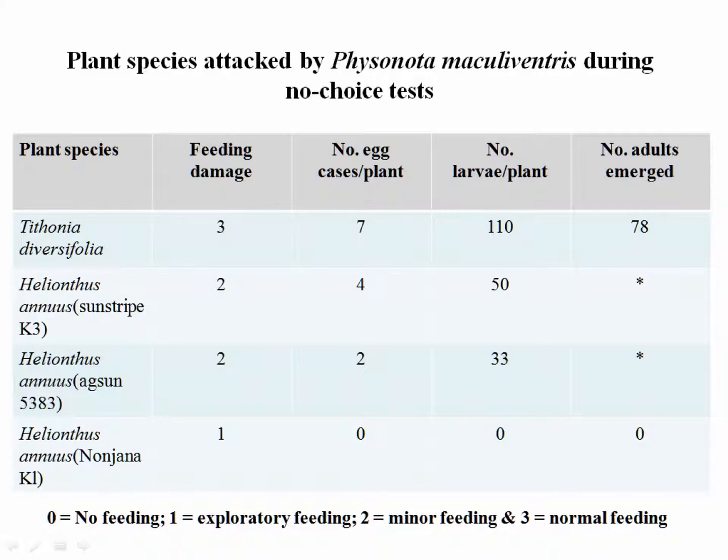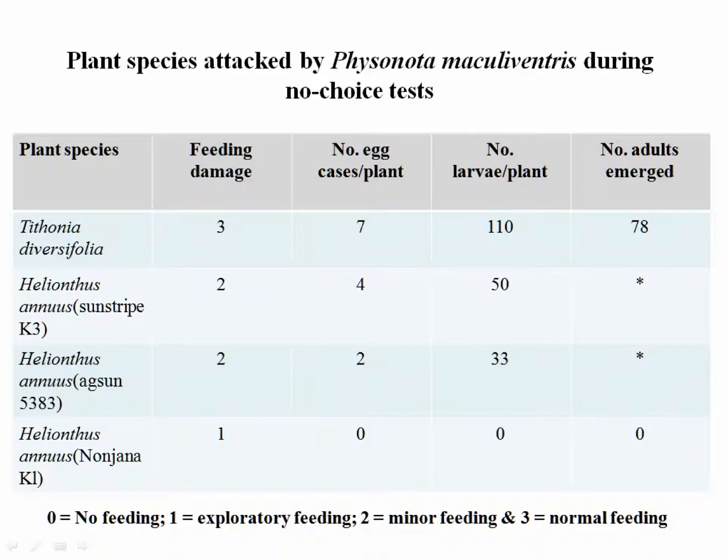The first one is the target weed, Tithonia diversifolia. This is the damaging rate, which is normal feeding, and the insect has only shown minor feeding on some cultivars of the sunflower, which are Sunstripe, Axan, and Nongana.